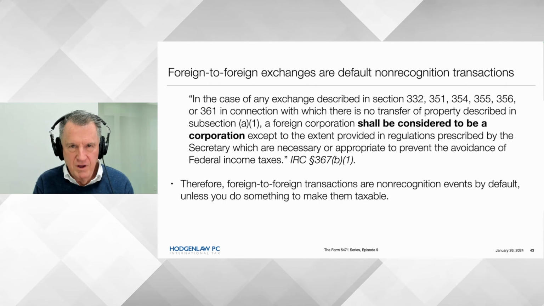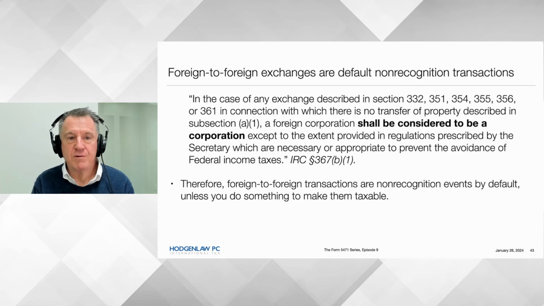How does that work? In the situation of the outbound transfers, remember that 367A said, nah, if you have one of those non-recognition transactions, the recipient corporation is not a corporation for purposes of interpreting section 351, for instance.